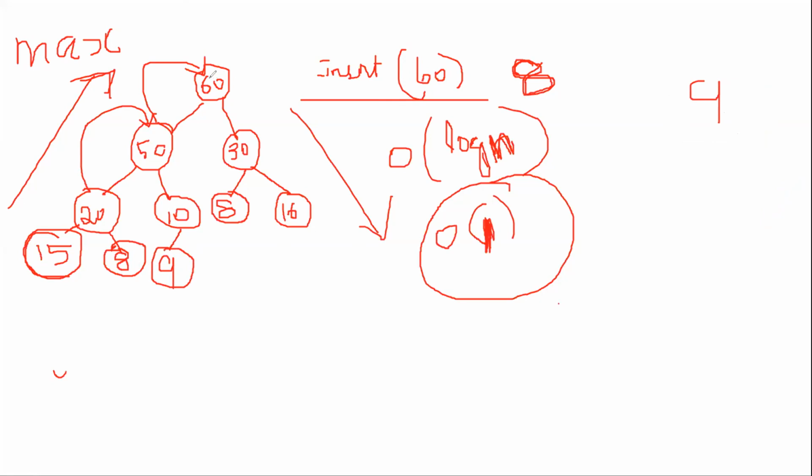In a min heap, what happens? It will keep only the minimum element. Which is the minimum element in this heap? Here also duplicate elements are there, so just try to avoid the duplicate elements. Let it be 21.